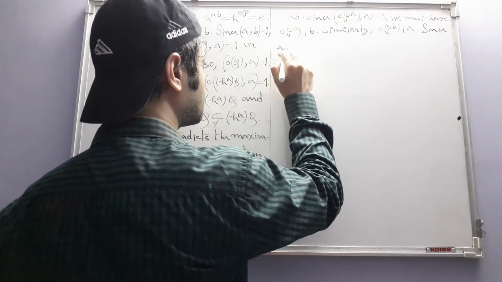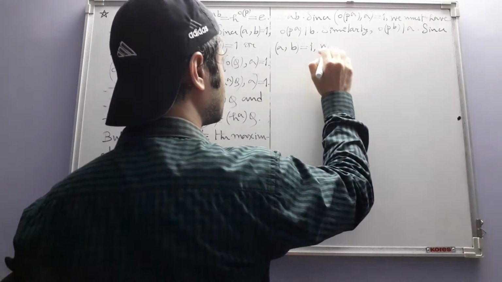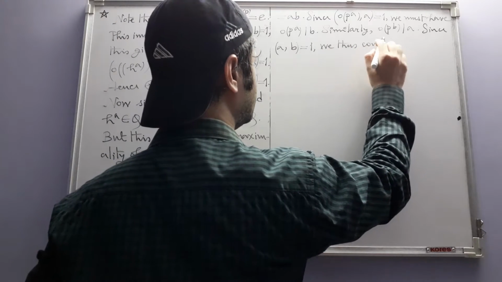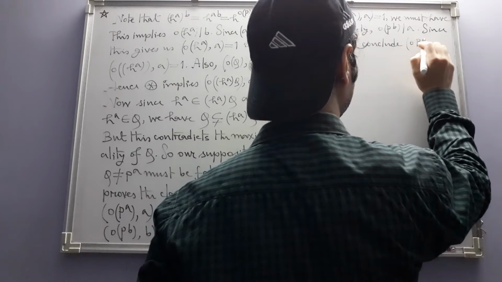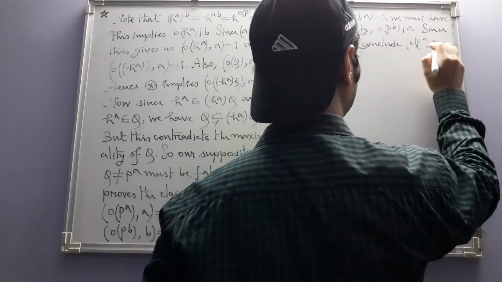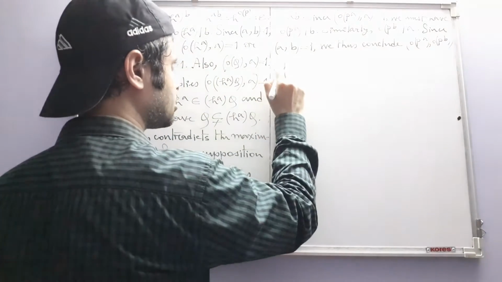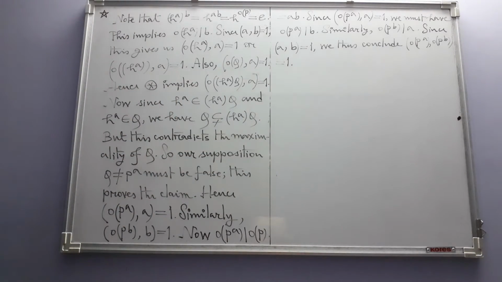Since A and B are relatively prime, we thus conclude that these two orders are also relatively prime. Okay.